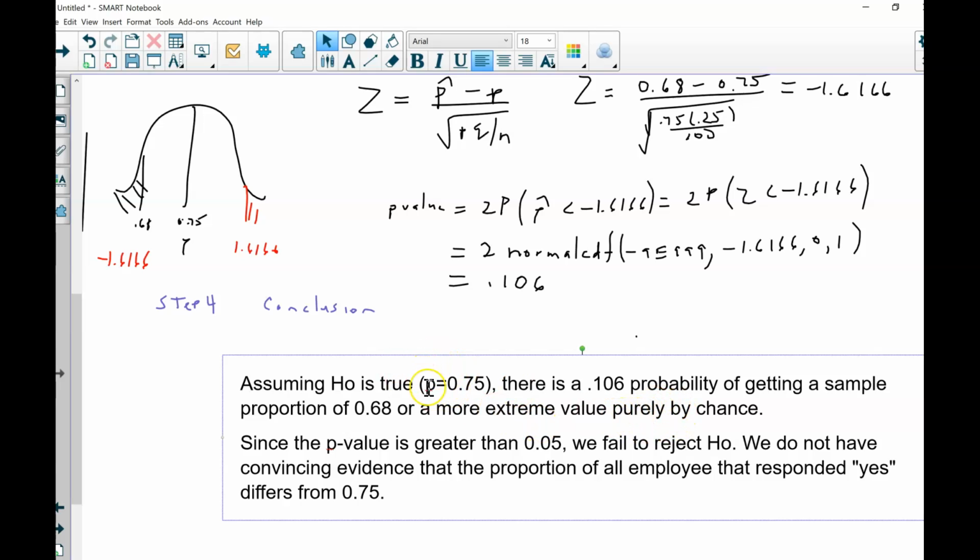So with a not equals case, since we really don't know if it's less than or greater than until we get the sample proportion, we normally just say more extreme as opposed to greater than or less than. You're then going to make your conclusion, and since our p-value is greater than 0.05, in this case we're failing to reject H0. We do not have convincing evidence that the proportion of employees that respond yes differs from the 0.75.